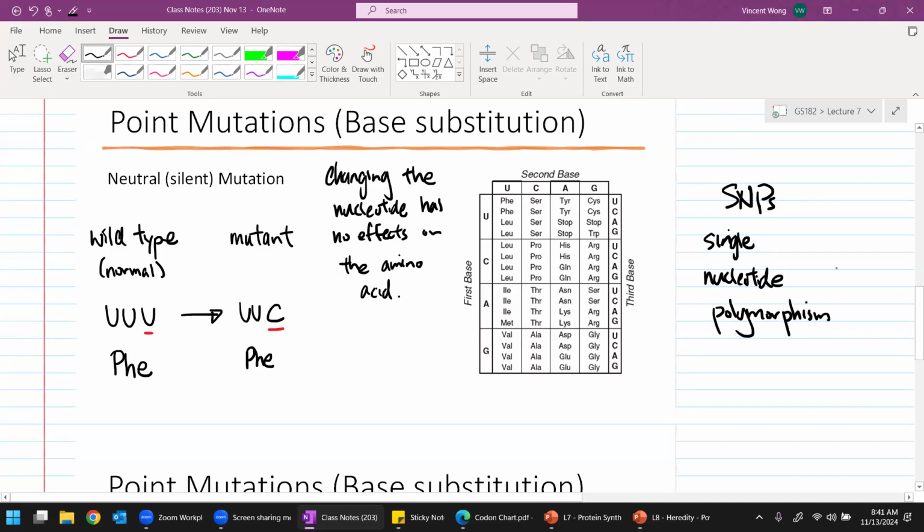A polymorphism is a detectable difference in the DNA of two individuals. We will come back to talk about SNPs later on, in lecture 9. But I just want to introduce you to this term.